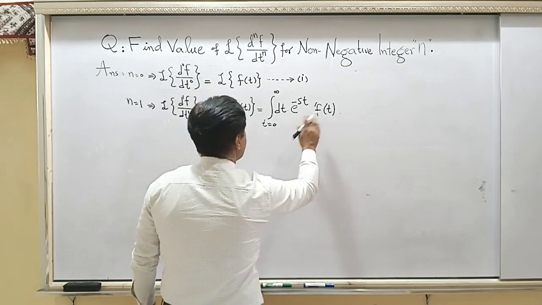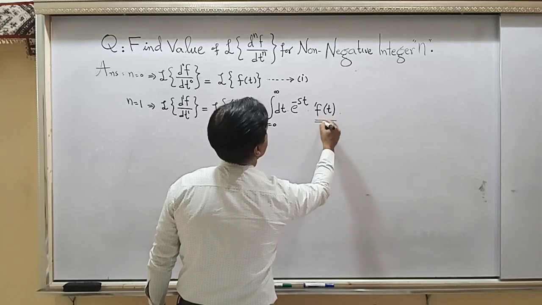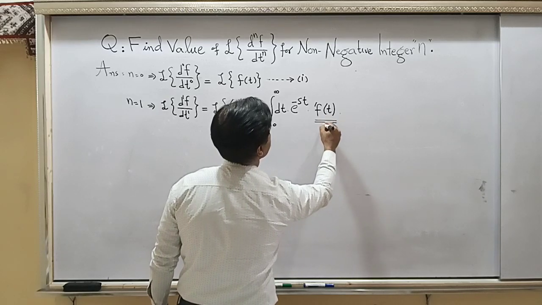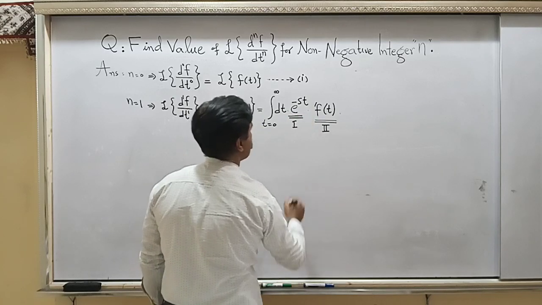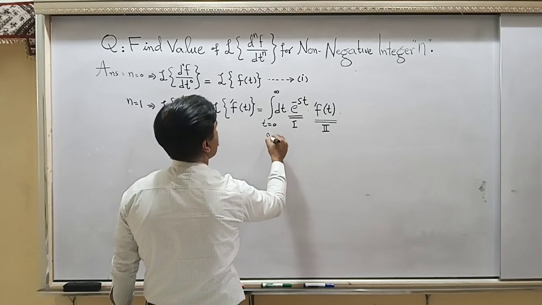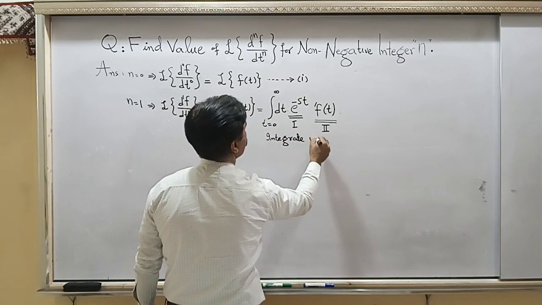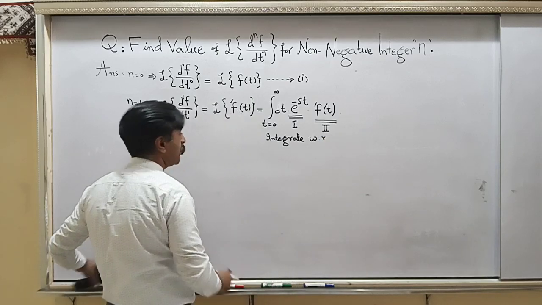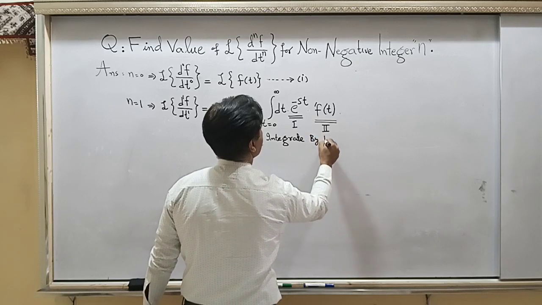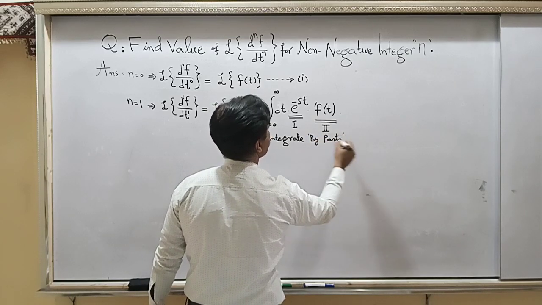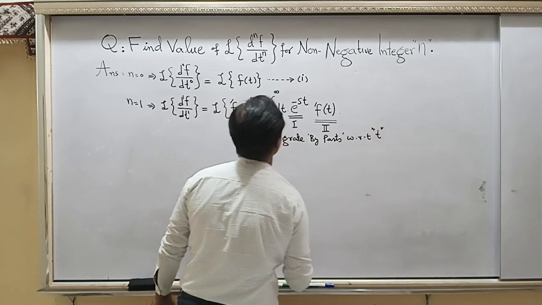So when you do integration by parts, the function whose derivative is present in the integrand is always selected as the second function. The other factor will be taken as the first function, and let's integrate by parts. And of course, your integration is with respect to the variable t.